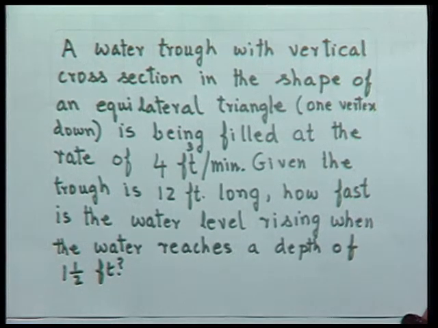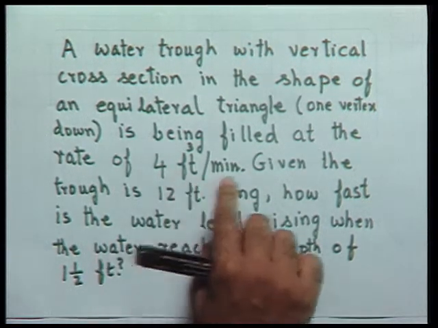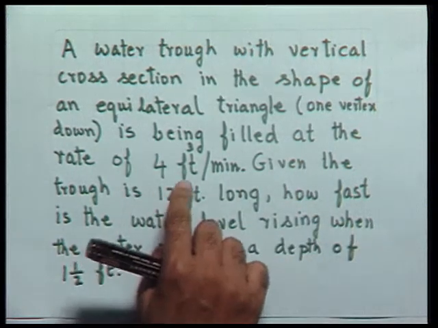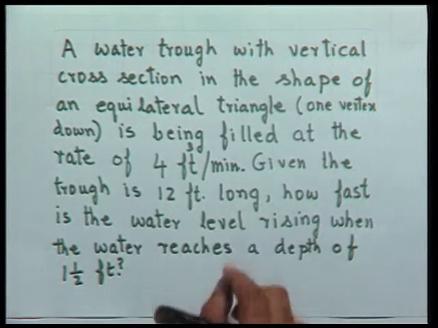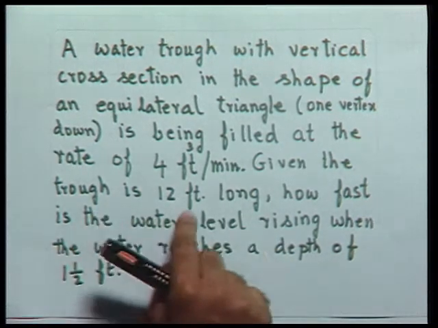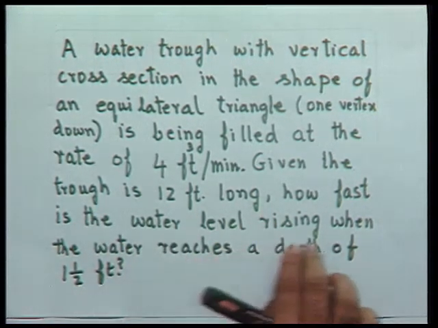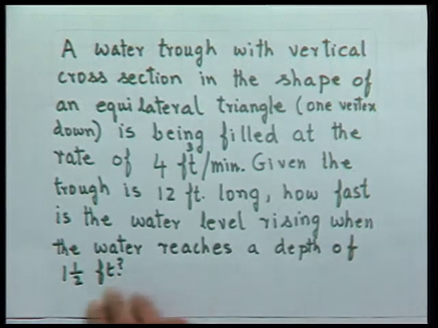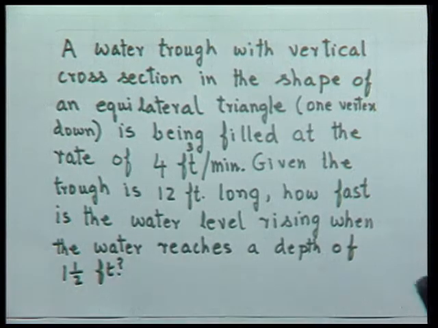So we are told that this trough is filled at the rate of 4 feet cube per minute. So the volume of the water increases at this rate. We need to just find how fast the water level rises.